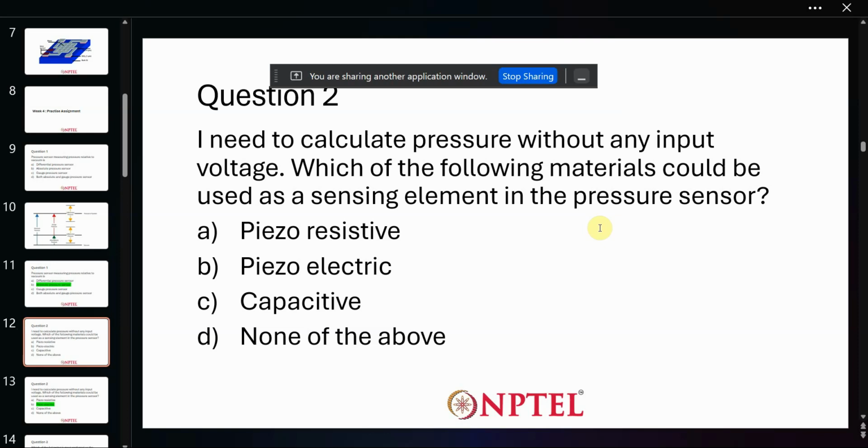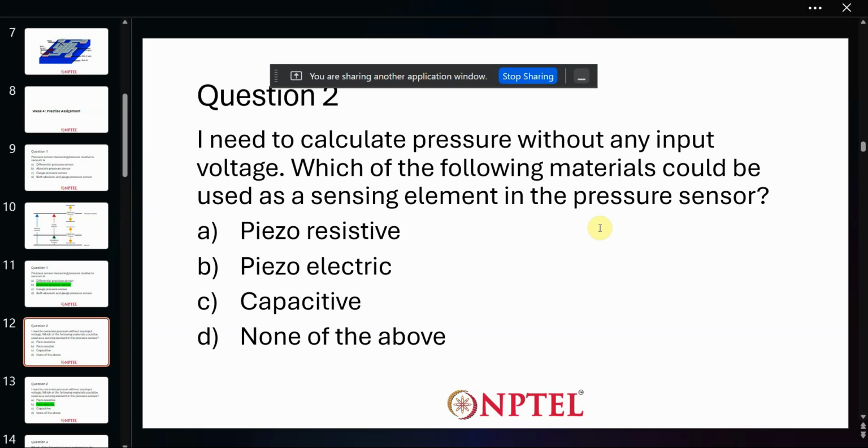A piezoelectric device is basically a plate that can be PZT or quartz. When it is deformed, there is a change in the crystal arrangement that leads to a potential difference being formed. So in that we don't actually need any input voltage.